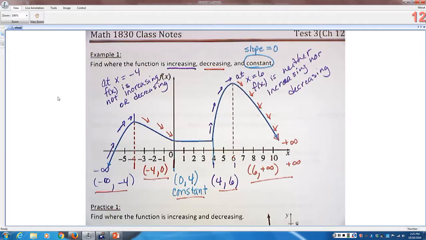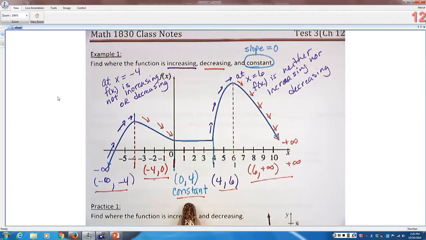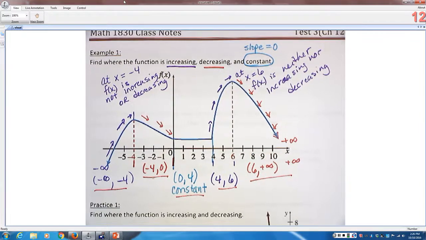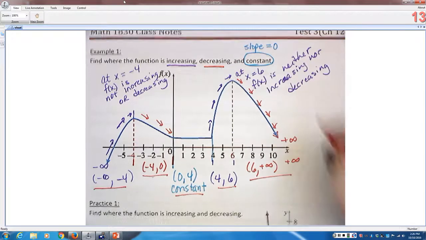If it's decreasing, its slope is negative, therefore its derivative is negative. And if it's constant, its derivative is 0 because it's a horizontal line. So negative slope equals negative derivative. Exactly, that's what I want you to associate.